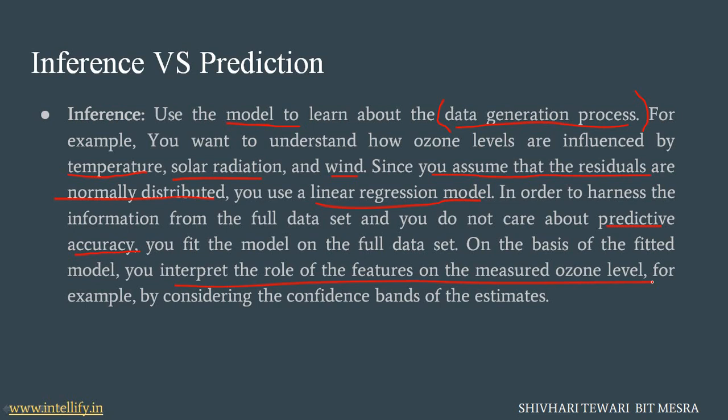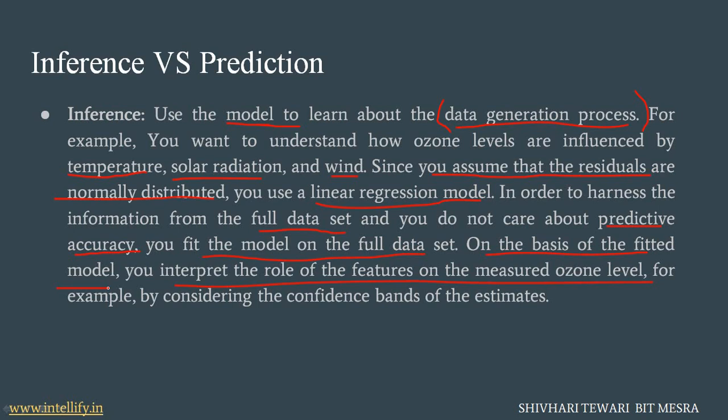So this is how inference works in, we can say, the ozone level model, where we have taken the full data set, and then we fit the model on the full data set, and on the basis of the fitted model we interpret the features of the measured ozone level.